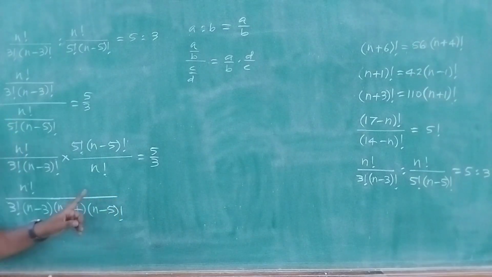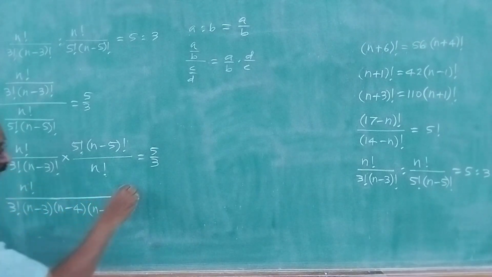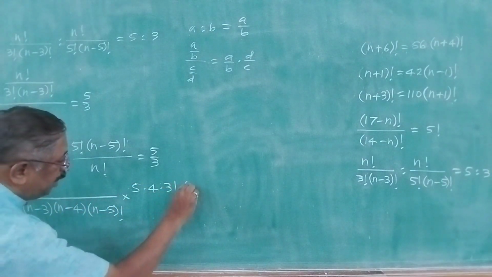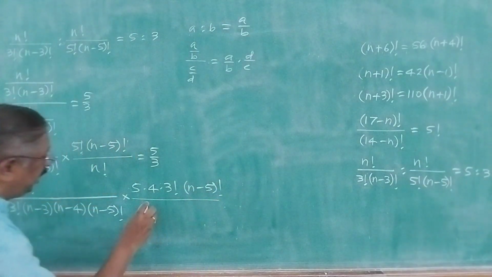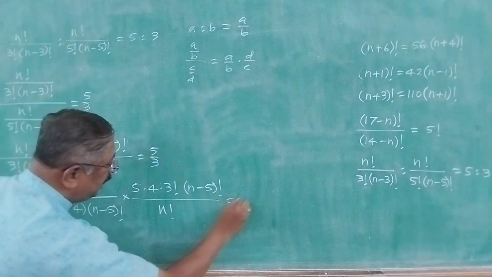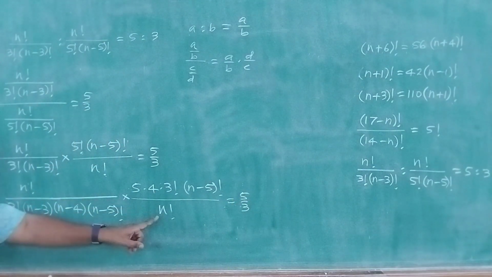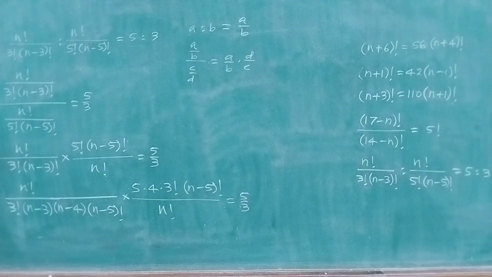Continuing in this way, it gives (n minus 5) factorial, multiplied with 5 factorial, which is written in terms of 3 factorial as 5 into 4 multiplied by 3 factorial, multiplied with (n minus 5) factorial, divided by the term in the denominator, n factorial, equated to 5 divided by 3. n factorial will get cancelled. Similarly, (n minus 5) factorial will get cancelled.